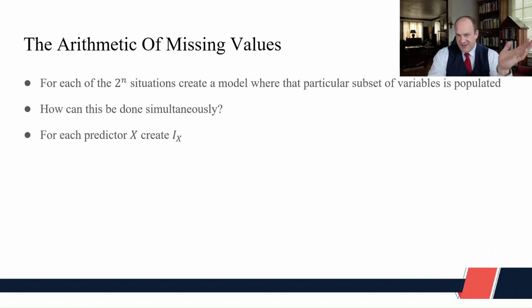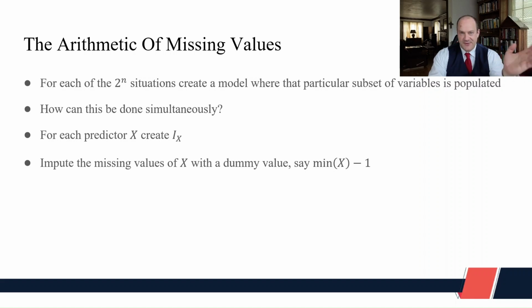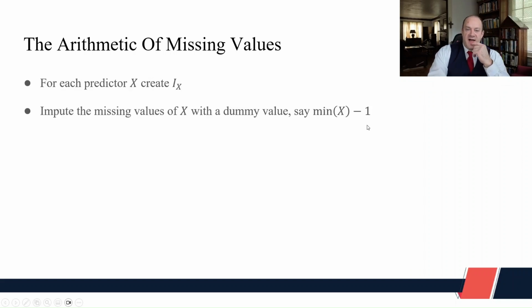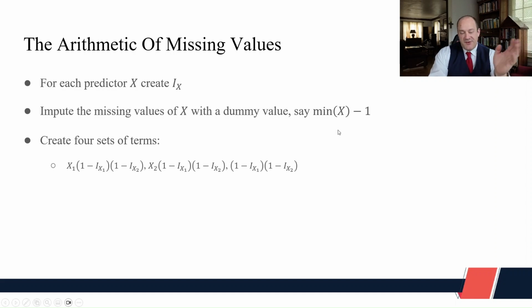For each predictor, you create your indicator function that indicates when it's populated or missing. You impute to x, the predictor variable, some dummy value when it's missing. I like to choose the minimum minus 1 because it's by definition not in the data. Then, in the case of at least the two-variable case, we're going to create 4 sets of terms.